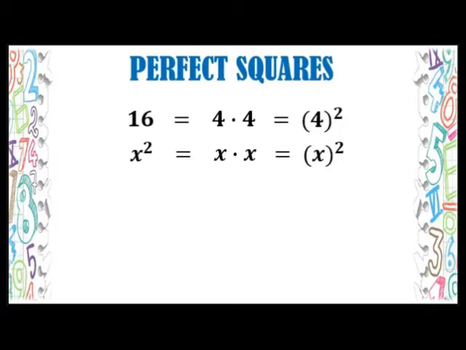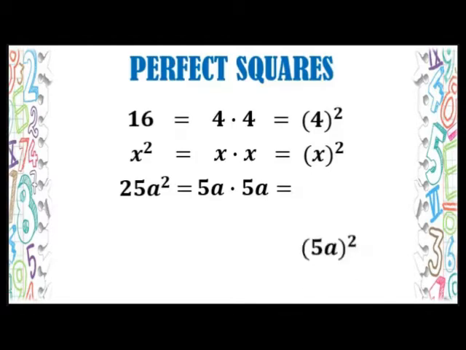Or it can be written as the square of x. We also have 25a squared. Factors of 25, 5 and 5. And then for a squared, we have a and a. So 25a squared can be expanded to 5a times 5a.